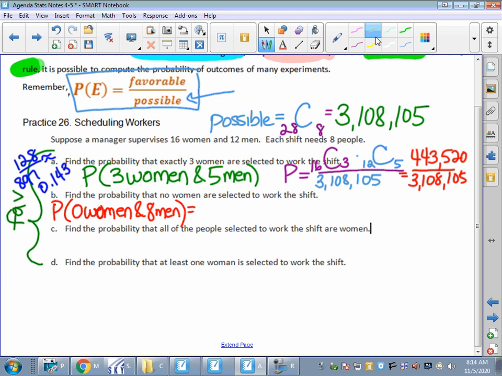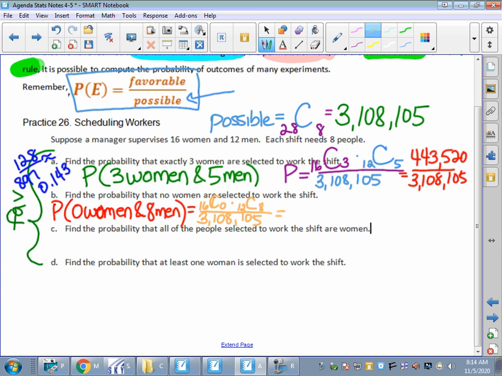So my probability of 0 women, so I've got 16 women to choose from, and I'm choosing 0. For the 8 men, I've got 12 men to choose from, and I'm choosing 8 of them. And tells me to multiply, and that's all over 3,108,105.